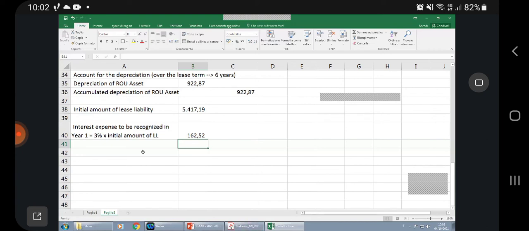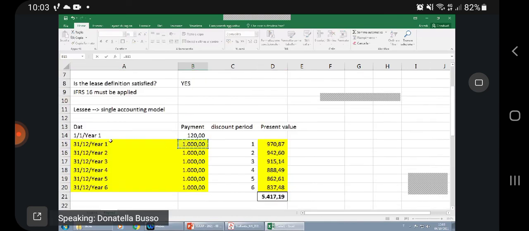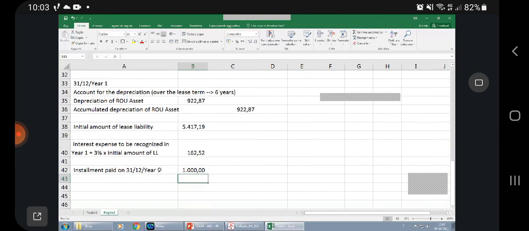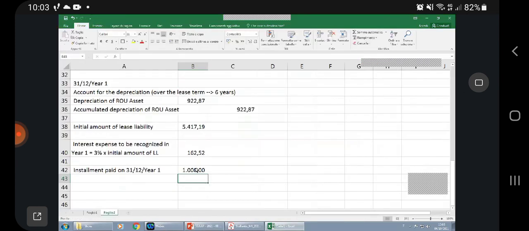How much is the amount of installment paid? Installment paid at the end of year 1 is 1,000. Look, the amount paid at the end of year 1 is 1,000. So, we pay 1,000, of which 162 for interest, the remaining part, in order to reimburse the debt.